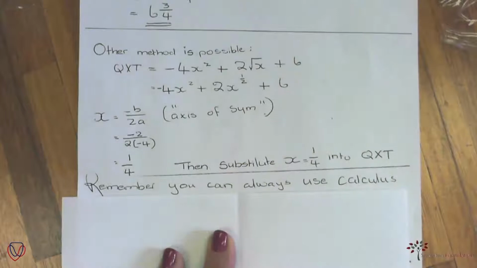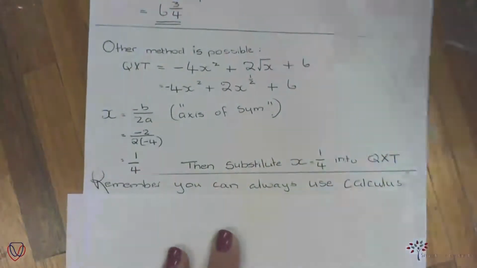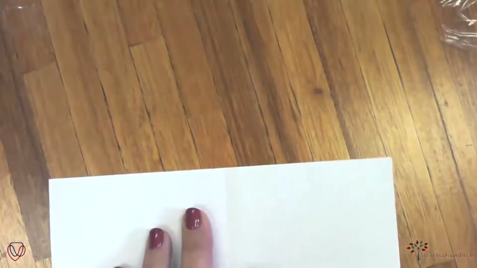Or, with the parabola, you determine the axis of symmetry. When you have the axis of symmetry, substitute into the original equation. That will give you the y value. In other words, the vertical length of that line. Okay, people, I hope you understand that one. Right, let's go to a next one.